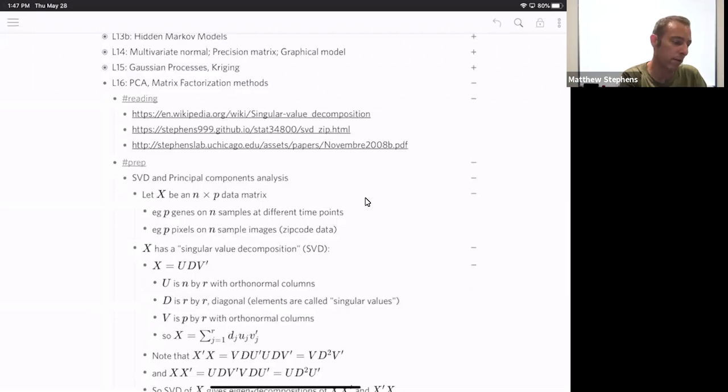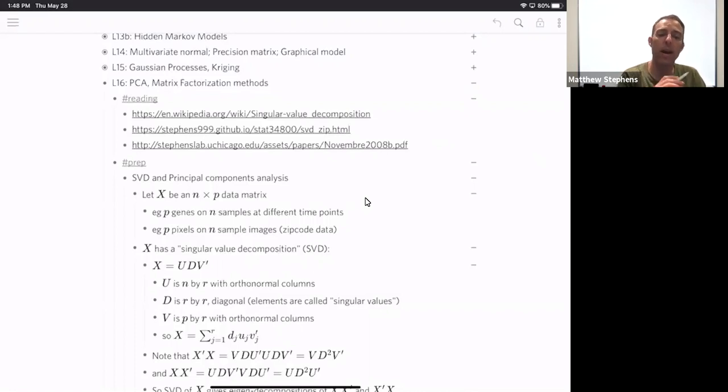So V transpose, the V dash here, where the dash means transpose, has orthonormal rows. And D is an r by r diagonal matrix; think of that as analogous to the eigenvalues. It will turn out to be analogous to the eigenvalues, or at least the square root of the eigenvalues.